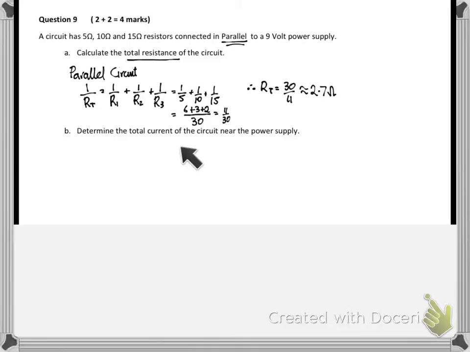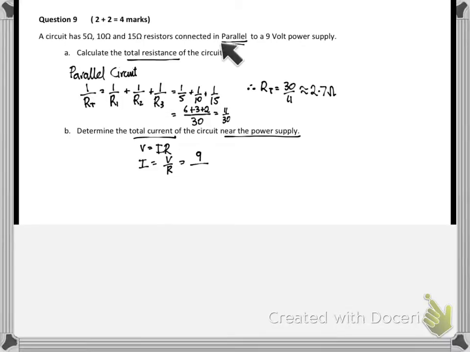Now from that, determine the current. Current is given by V equals IR, from Ohm's law, so we transpose for current. Current is electric potential divided by the total resistance now in our parallel circuit.